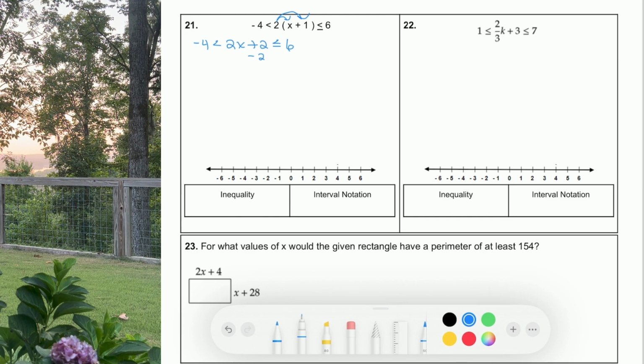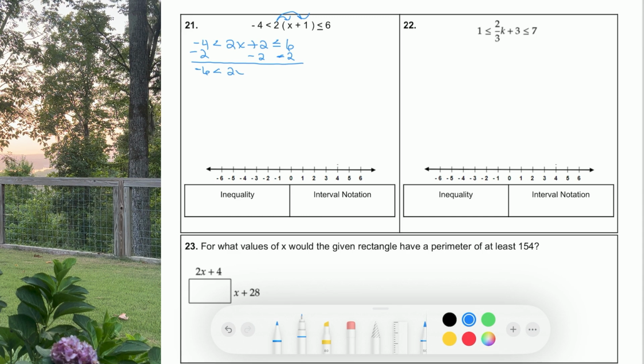Now this is the part where, when we subtract the 2 from here, we have to subtract the 2 from both endpoints as well. So I'm also going to write minus 2 here, minus 2 here, because we're basically solving 2 problems in one. That's what we're doing here.